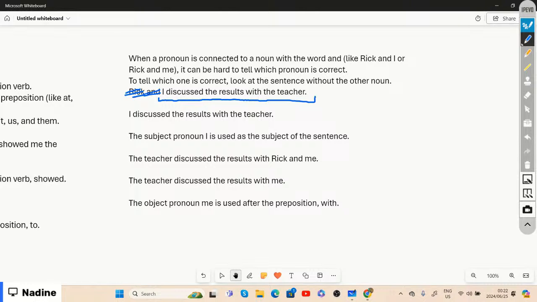Like, for example, I discussed the results with the teacher, which means that this is a subject pronoun, because I did something. I discussed the results with the teacher. So I, that is our subject pronoun.